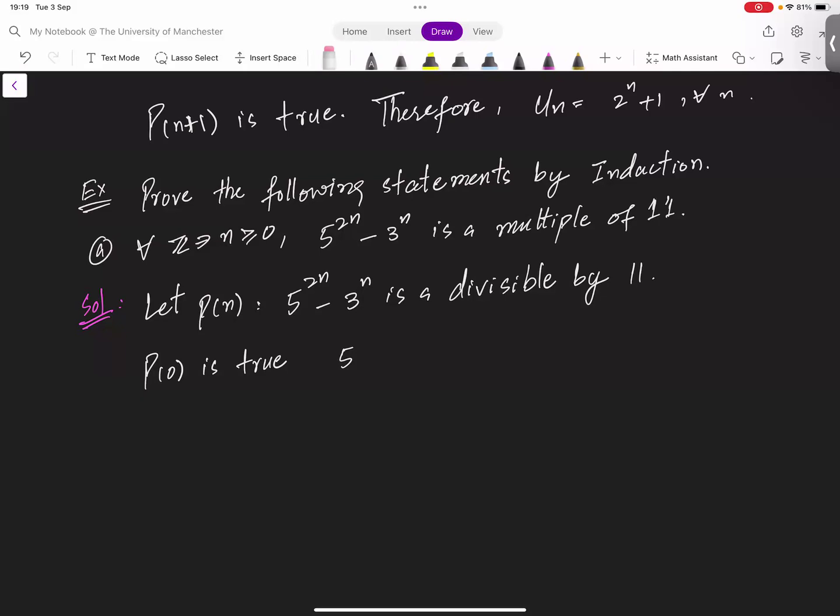Then suppose P of n is true, so 5 power 2n minus 3 power n is nothing but 11 into k for some k in integers.